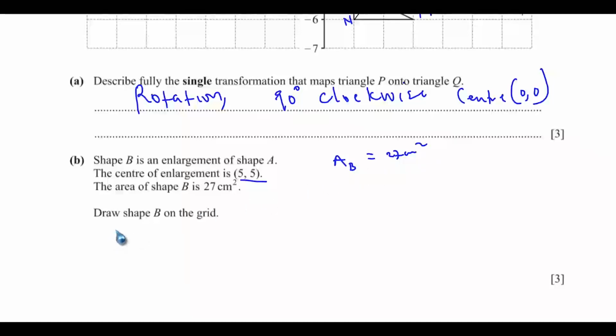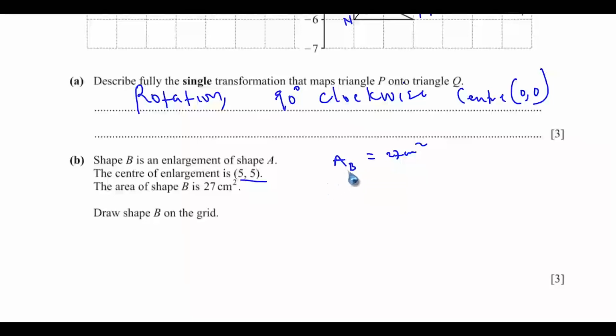Okay, so draw the shape B on the grid. Before we can draw the shape B on the grid, we need to know two things: the center of enlargement, which has been given, and the second one will be the scale factor. So we need to find the scale factor. There's a relationship between the object and the image when it comes to enlargement.